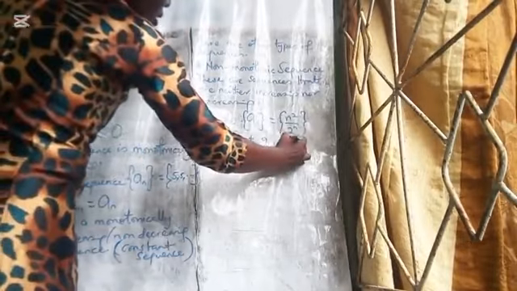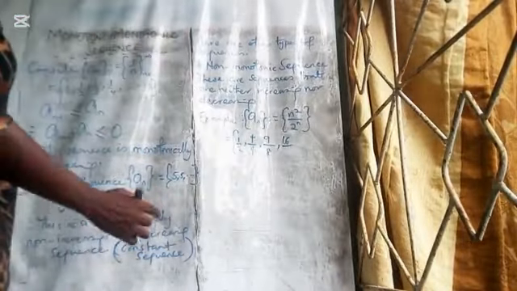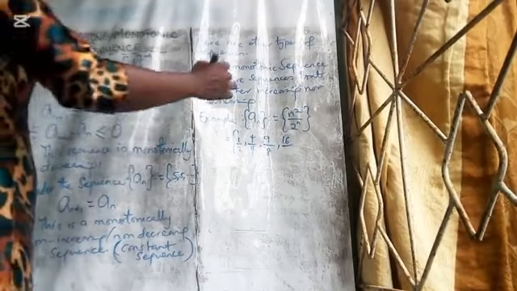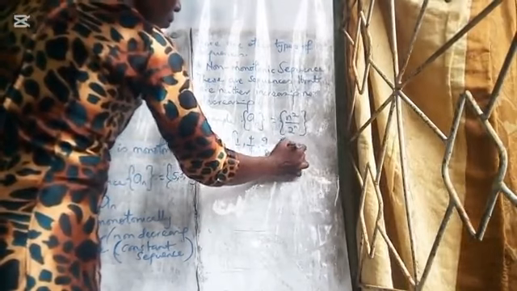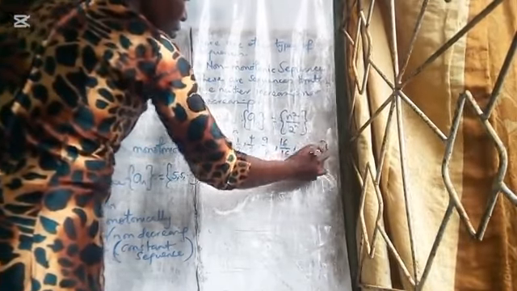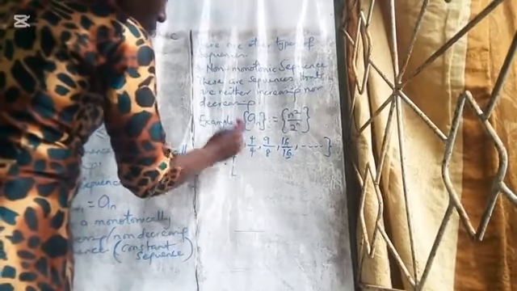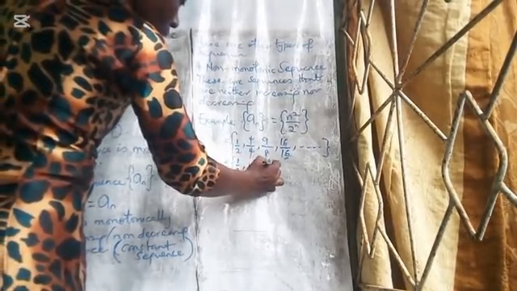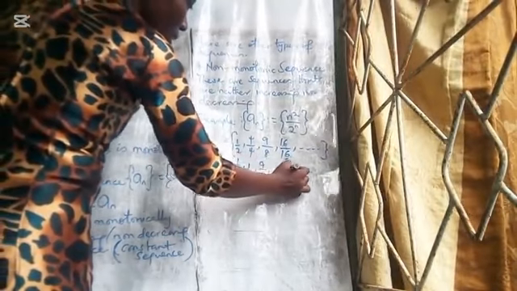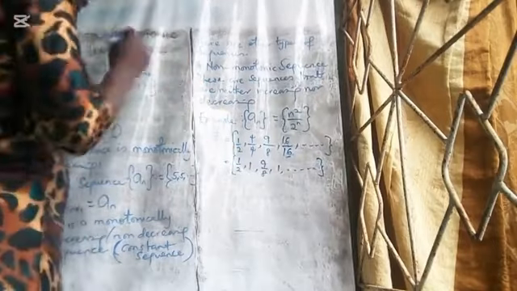The fourth term will be what? 4 raised to power 2, that is 16, over 2 to power 4, which is also 16. And it continues like that. What do we see from here? We have 1 over 2, 1, 9 over 8, 1, and like that.